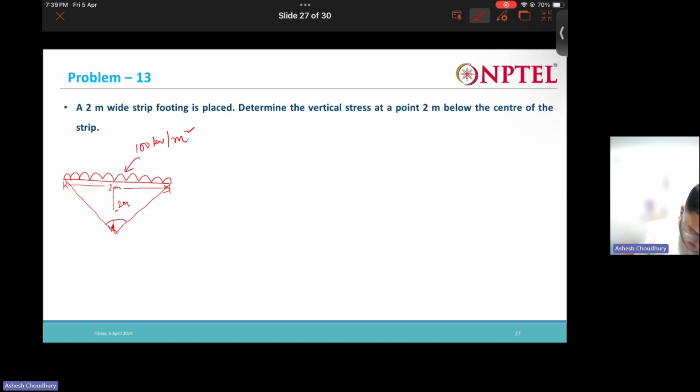So this is theta, this is theta by 2. Okay, this is say this is 2 meter. Now Z is nothing but q by pi.